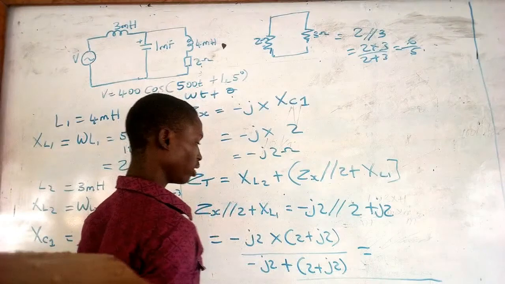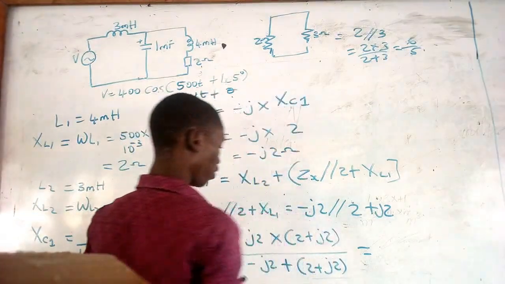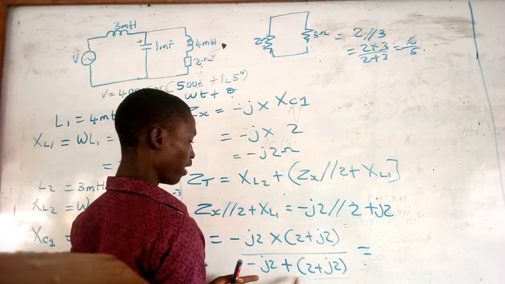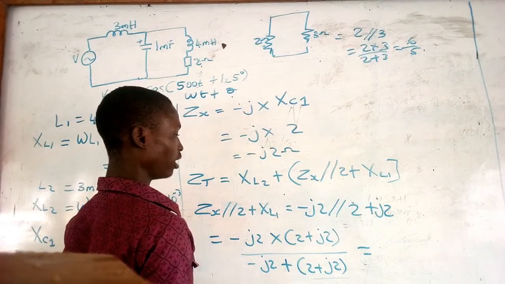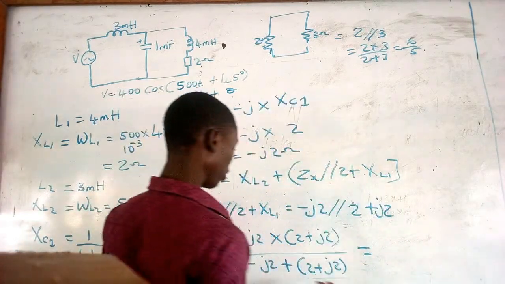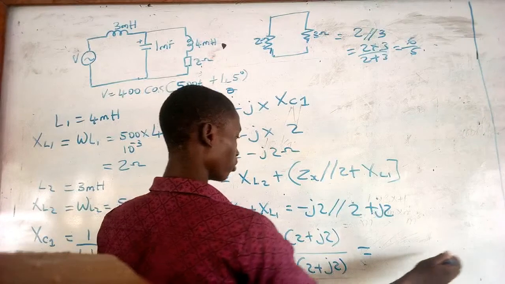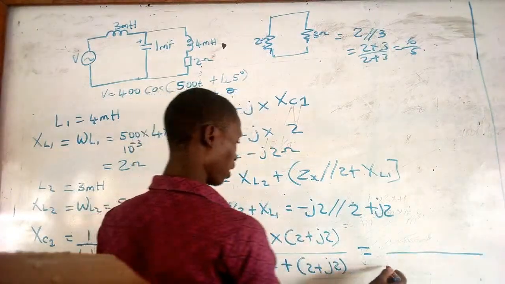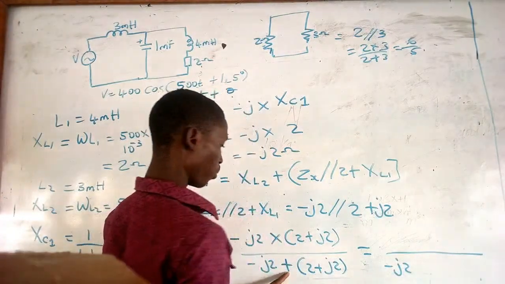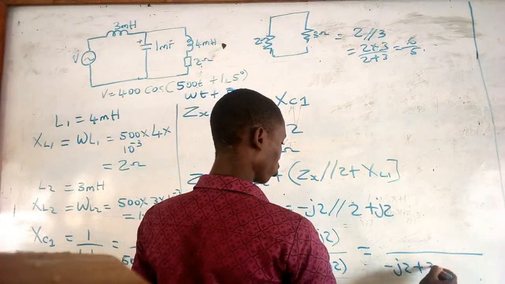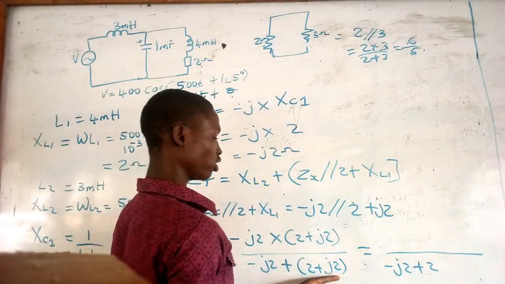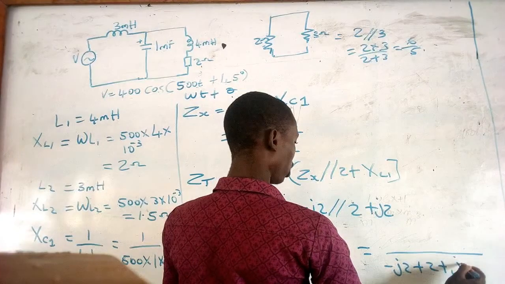Now let's look at this. First of all, I can rewrite this. On the bottom side, minus j2 plus 2 gives us plus 2, and plus j2 gives us plus j2.